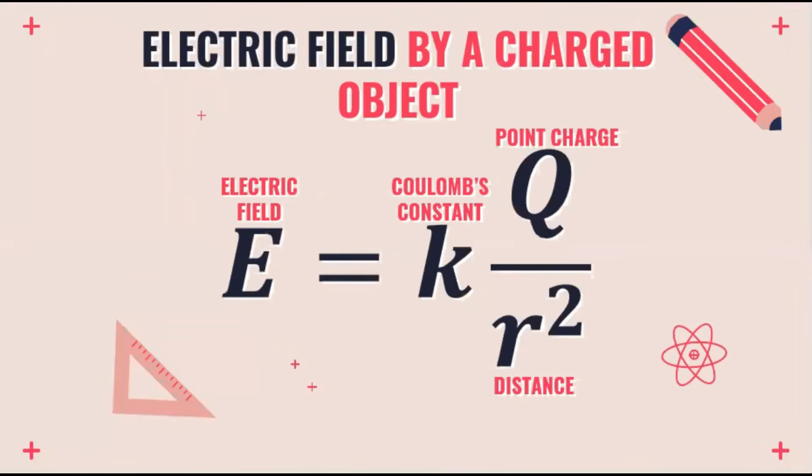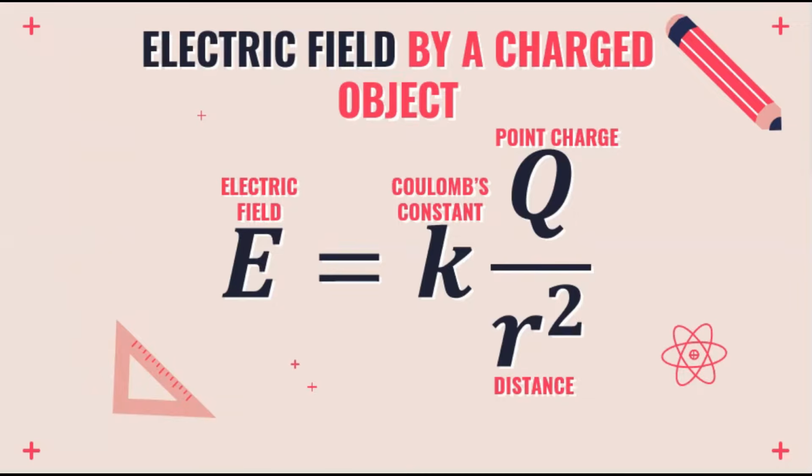Deriving another equation for electric field from Coulomb's law, we have E equals K multiplied by the value of our point charge over the distance squared.